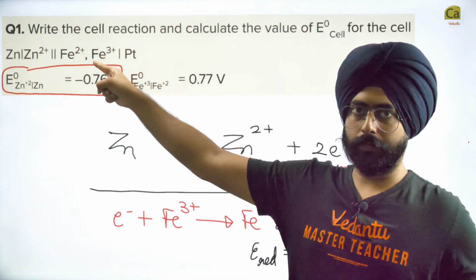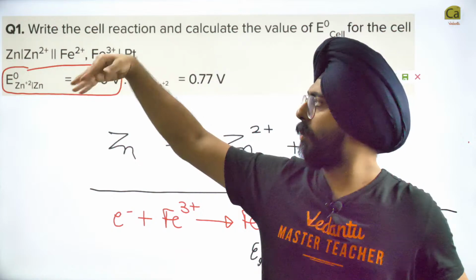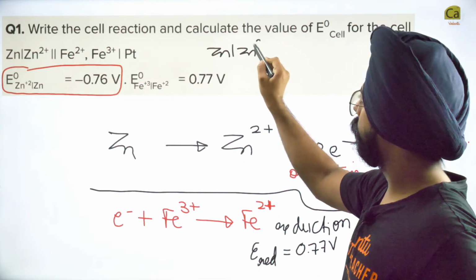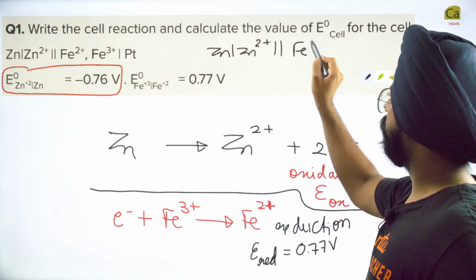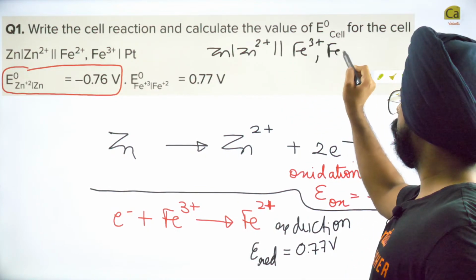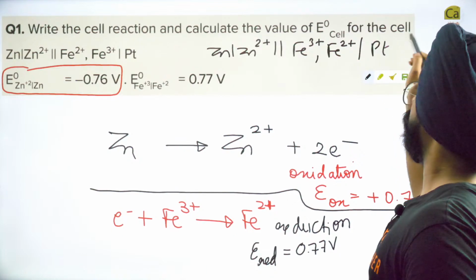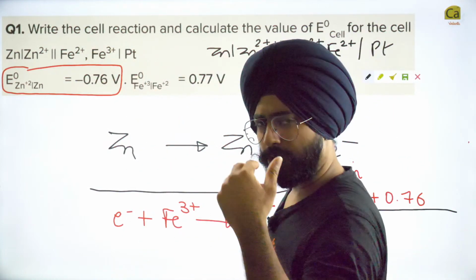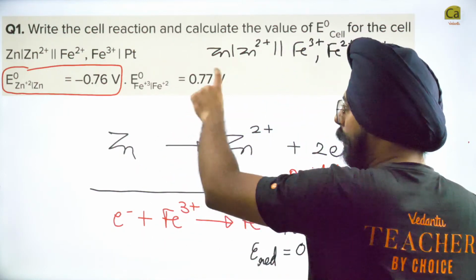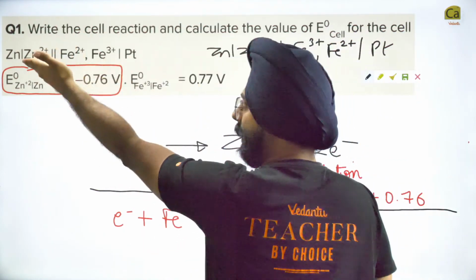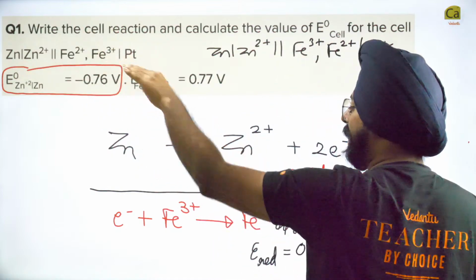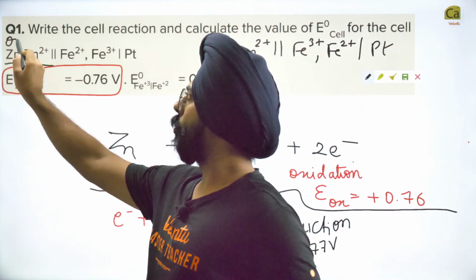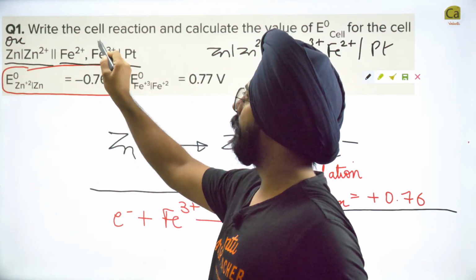Over here it is better to write it as this, separated by Fe3+ going to Fe2+, and then you've got platinum. This is just a better way to write things, but even if they write it, it is not a problem, because anyway, when you write a cell, usually the left hand side is the oxidation half, the right hand side is the reduction half. Okay? Left hand side is generally the oxidation half, right hand side is generally the reduction half.